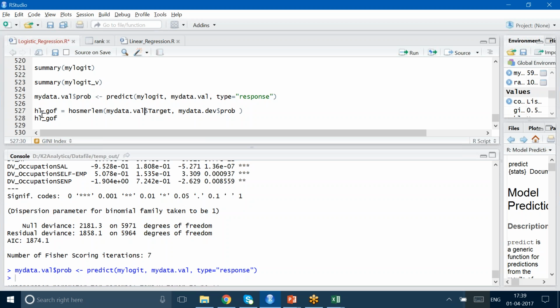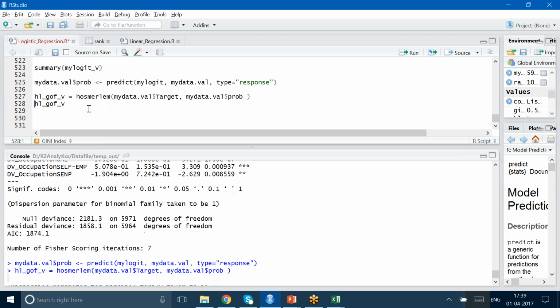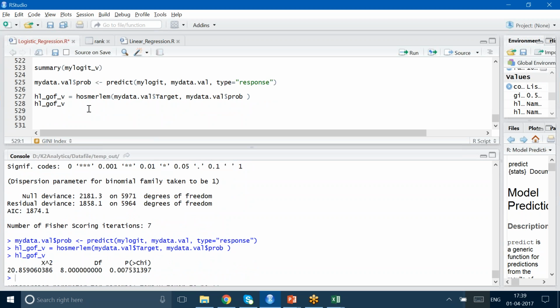It's a range, so I have to check that. So I'll have to do val. This is what I'll have to compute, and let me name it as HL goodness of fit validation. Okay, so I have to run this, and now I have to check.